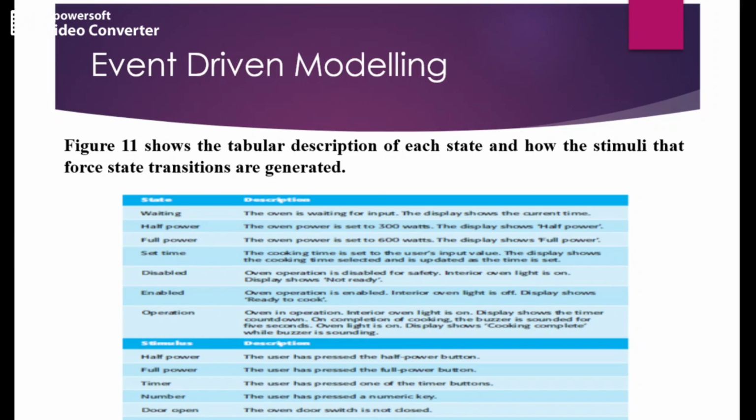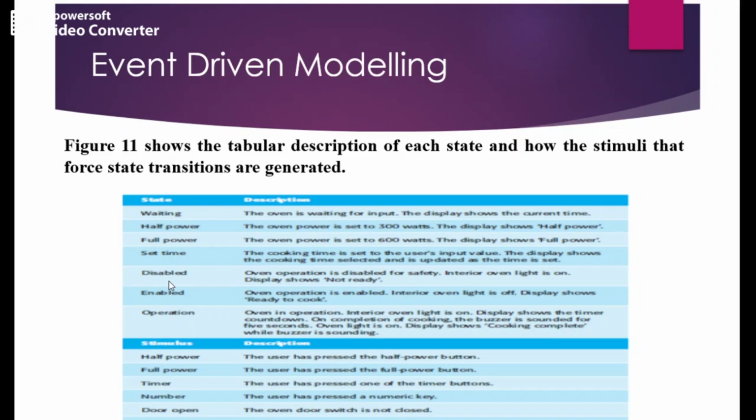The cooking time is set to the user's input values. So this time is being set by the user, either 10 minutes or 20 minutes. The display shows the cooking time selected and is updated as the time is set. Timer is set.